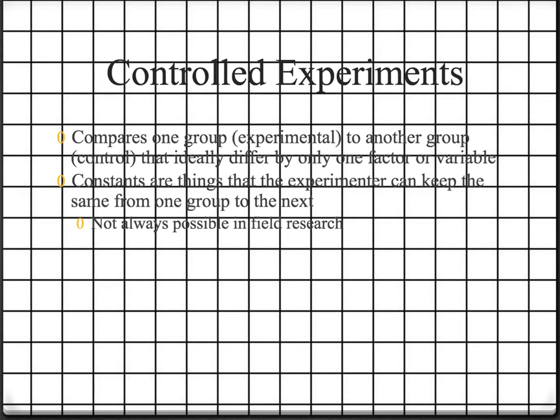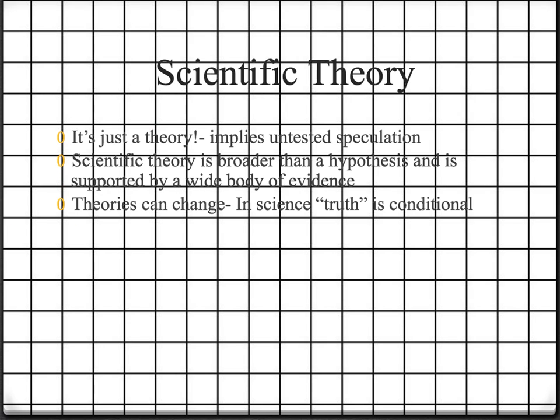So trying to hold things constant. You're not going to want to grow one group of plants in bright sunlight and the other in not so bright sunlight. So holding things constant as much as you can, okay? But you know what? In field research, when you're out in nature, that's not always possible. You have no control over nature, and sometimes you're getting a lot of qualitative data when you're out there.